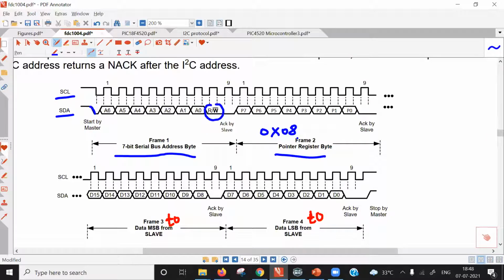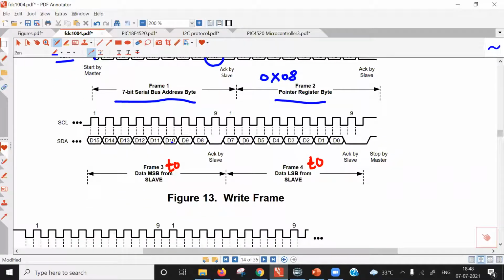With this 0x08 value, pointer is now pointing to config measurement 1 register. So during next 2 cycles, master must write 16-bit data to slave device. However, transmission is always in bytes, 8-bit data. So first of all, master must write MSB part to the register on chip in FDC1004, which is pointed by 0x08.